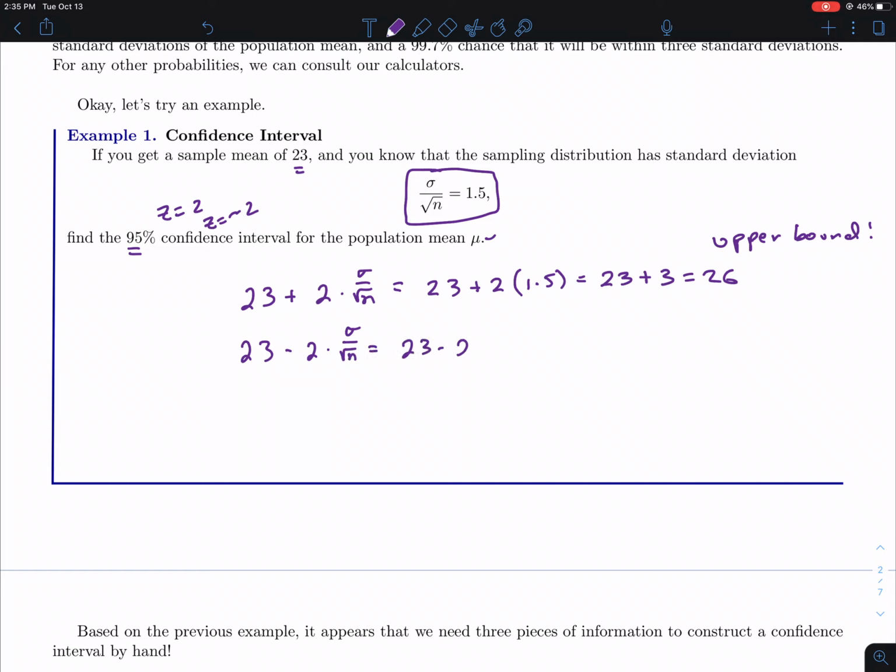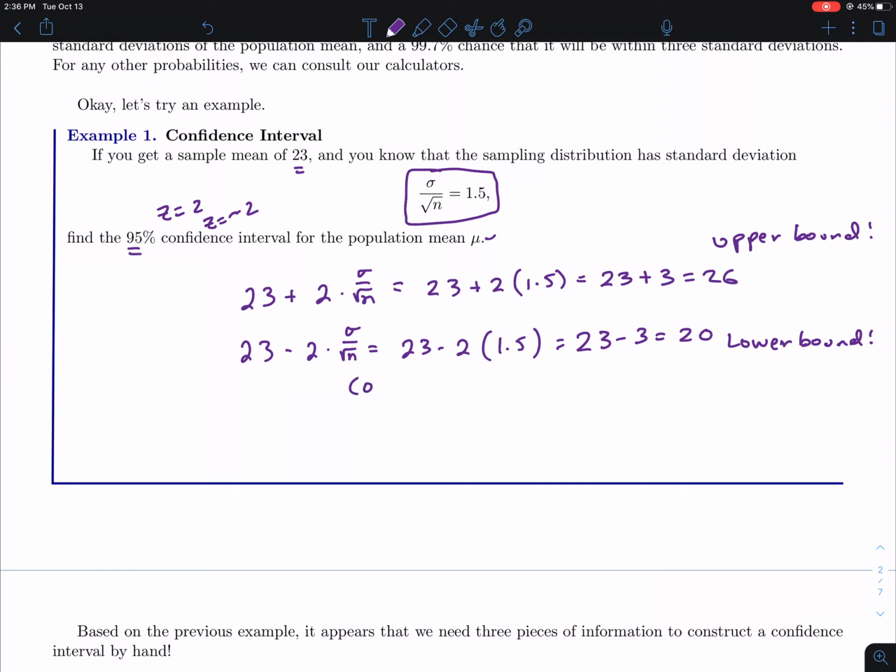So 23 minus 2 times 1.5 equals 23 minus 3, which gives me 20. This is my lower bound for my confidence interval. So what this is saying is that I'm 95% confident that my population mean is somewhere between 20 and 26. You'll see this written a couple of different ways.